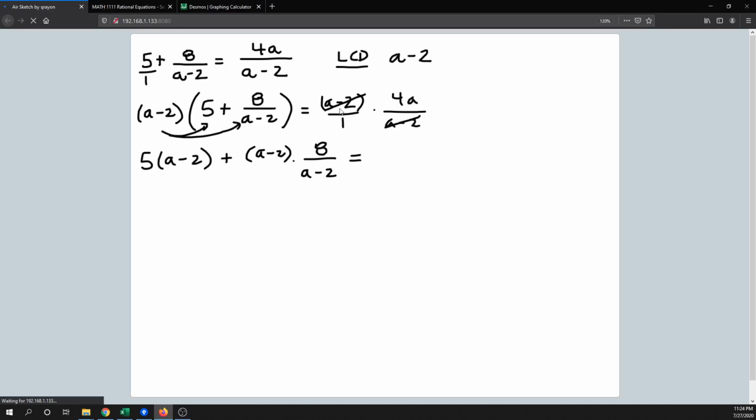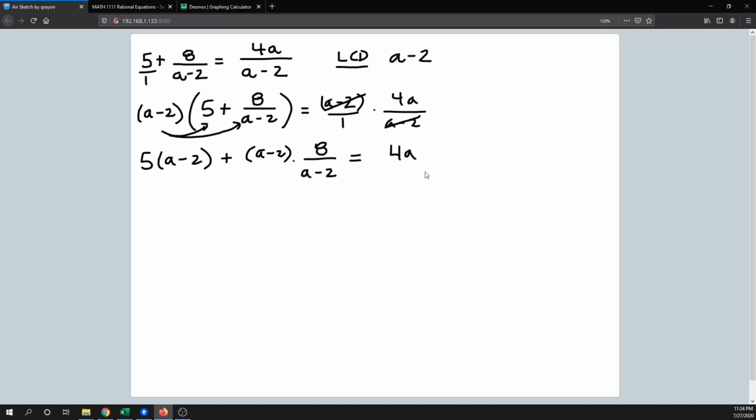So you have a factor of a minus 2 in the denominator and a factor of a minus 2 in the numerator, so you can cancel those out. And so what I wind up with is 4a on the top, when I multiply these two fractions, 4a times 1, and then on the bottom I have 1, so I'm not going to bother to write the 1 there.